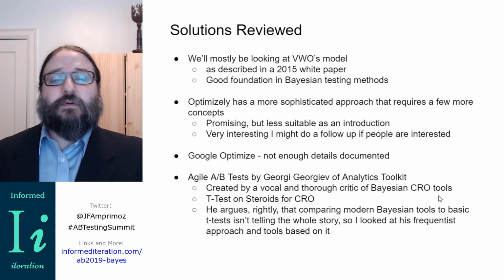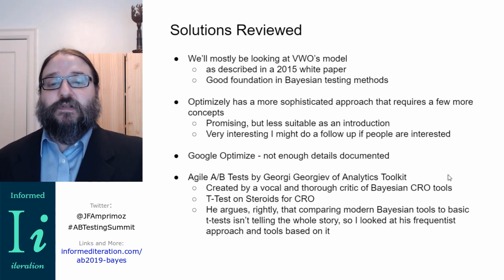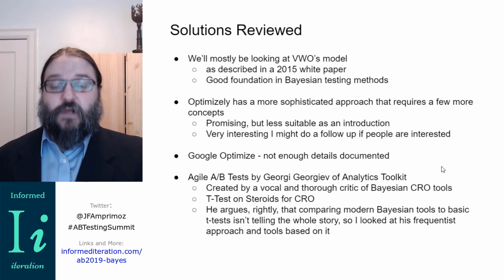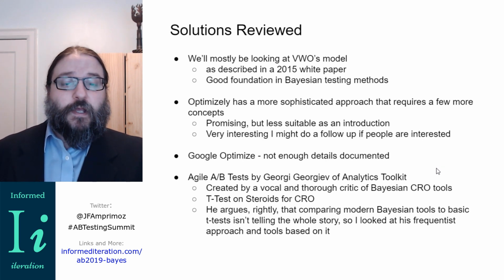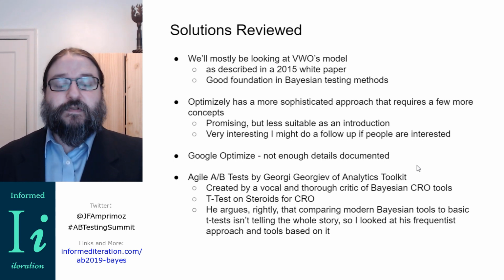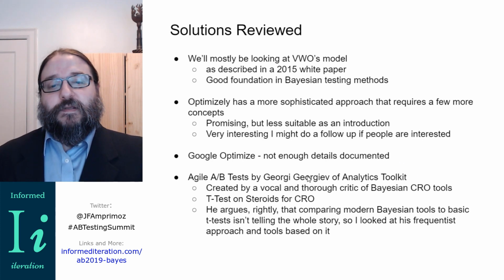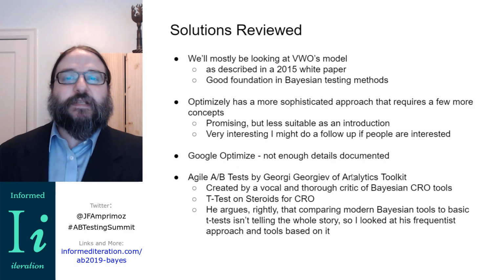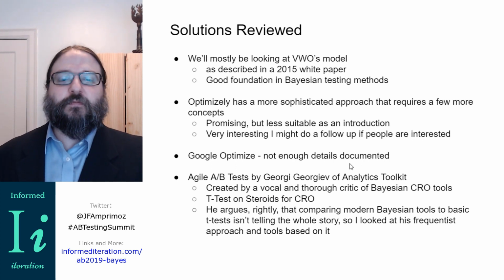And I've also included Agile A/B tests by Georgi Georgiev of Analytics Toolkit, who's also speaking at the summit. He's a vocal and thorough critic of Bayesian CRO tools. His product includes something I'd call a t-test on steroids for CRO professionals.